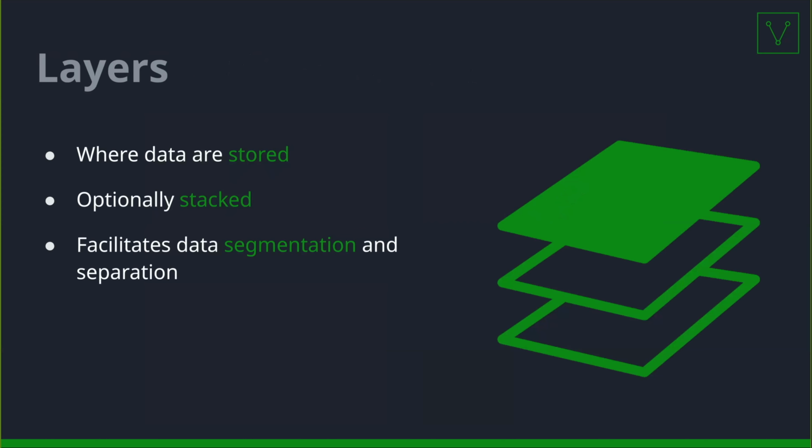Within Synapse, you can separate data if you want to using layers based upon any segmentation needs that you have. For example, maybe you have data sharing agreements that you need to adhere to with third parties or different partners, or maybe you have data retention restrictions or requirements that you need to adhere to as well. This is where layers come into play.